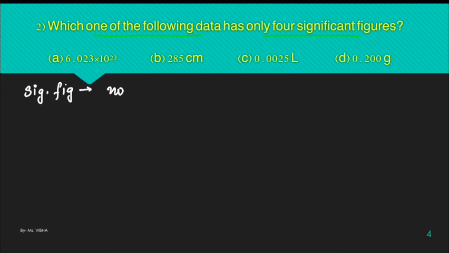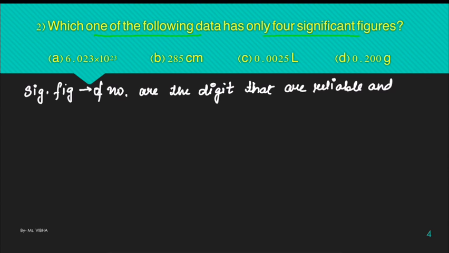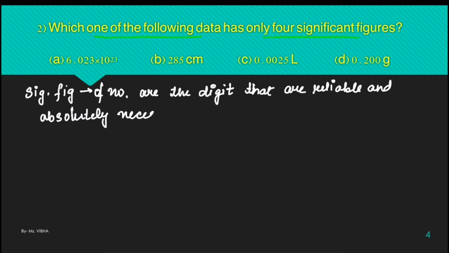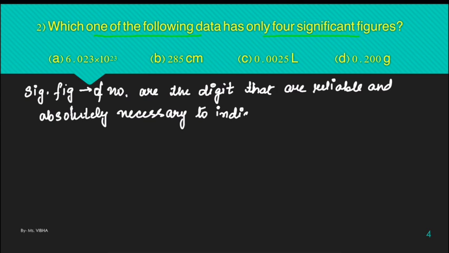Significant figures of a number are the digits, मतलब नंबर के अंदर वो वाले digits, that are reliable and absolutely necessary, means they are important to indicate the quantity of something. That means we cannot ignore those numbers. We cannot leave those numbers. We have to consider those digits of that particular number.